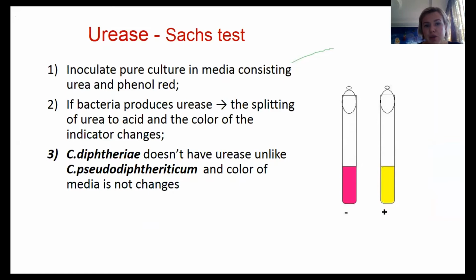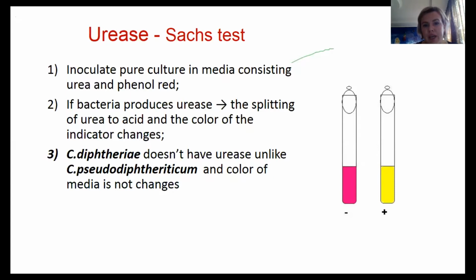If bacteria produce urease, we can detect the change of pH to acid condition, and the color will be yellow. Diphtheria doesn't have urease and doesn't change the pH, and the media becomes pink or red.